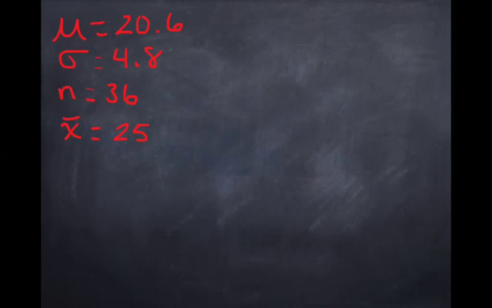And so again, let's go back to the central limit theorem. And so the mean for sample mean x bar is the population mean. And so that's going to be 20.6.